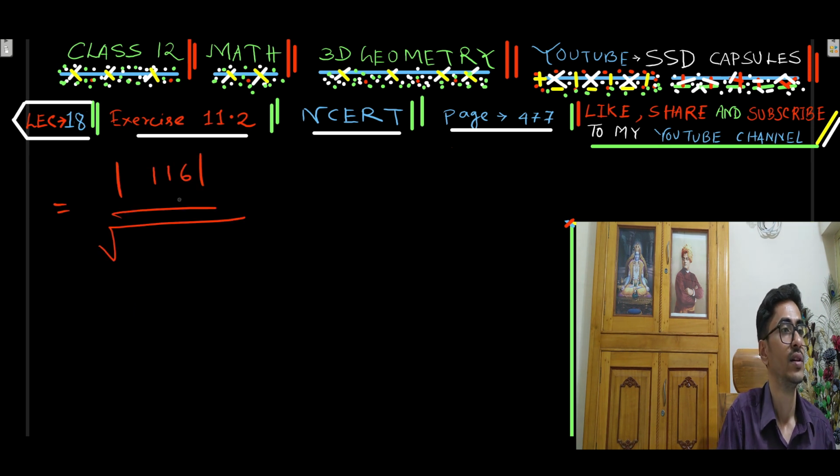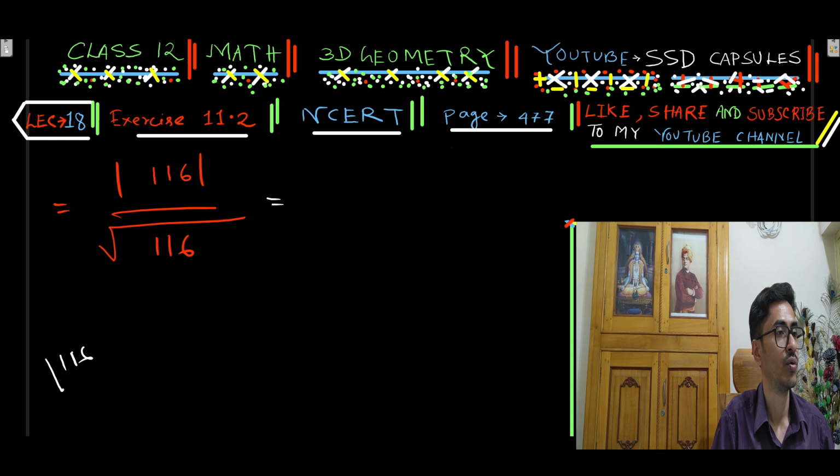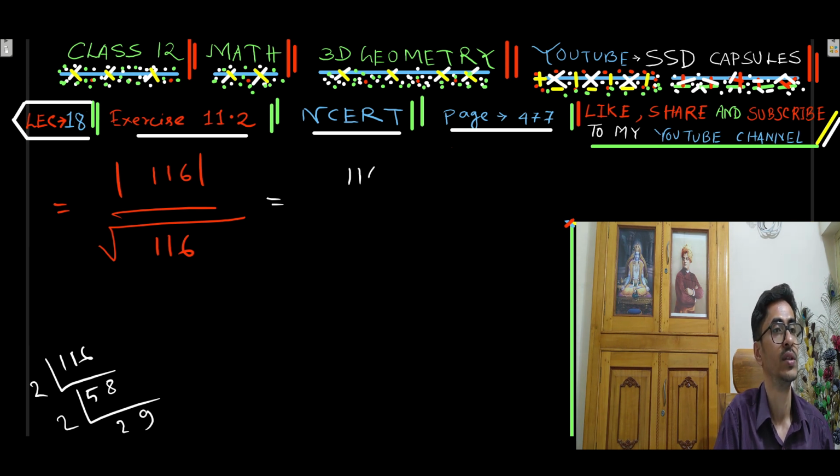So again 116. If we break down 116, it is 2 times 58, 2 times 2 times 29. So 116 by 2.